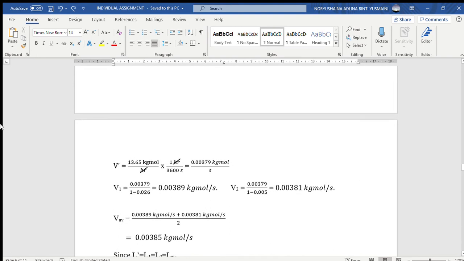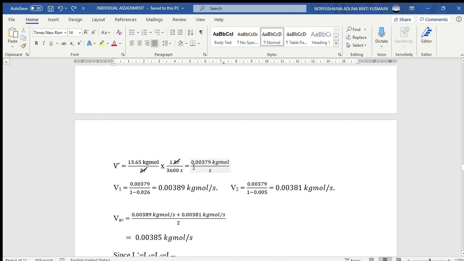So we take the value for V prime, which is 13.65 kilomole per hour. I standardize first the unit into kilomole per second, where 1 hour is equal to 3600 seconds. I divide the 13.65 kilomole by 3600, and I got the value for V prime is 0.00379 kilomole per second.